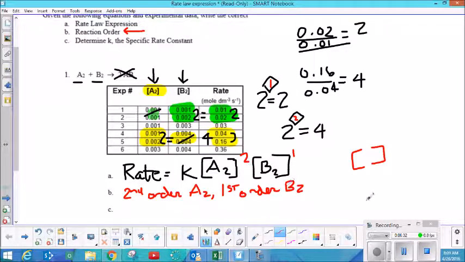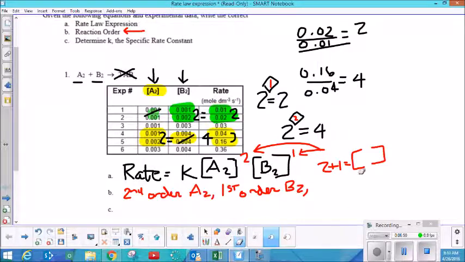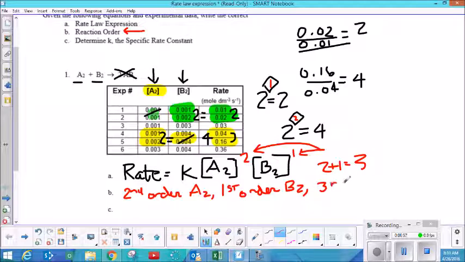And overall, it's third order, and that's determined by simply adding up your 2 orders. So 2 plus 1 is how I am getting my overall order of third order. So third order overall. Those are the most common things that you will be asked about what the order is.